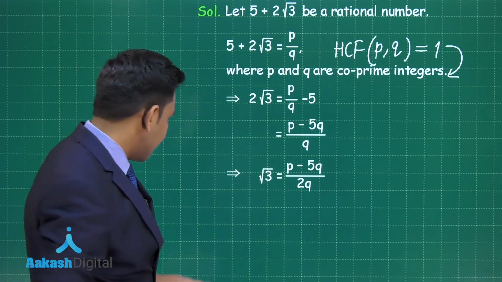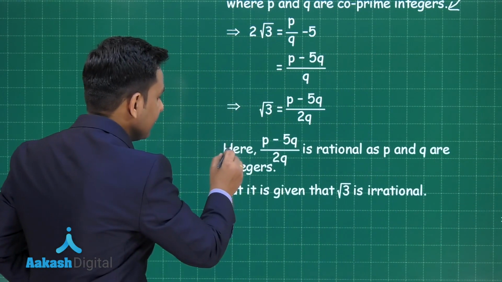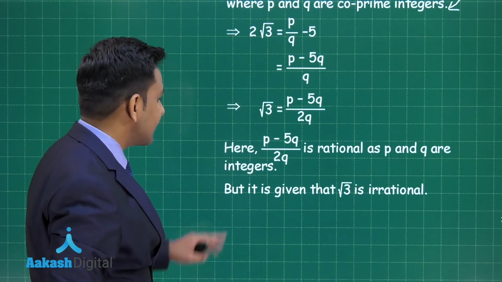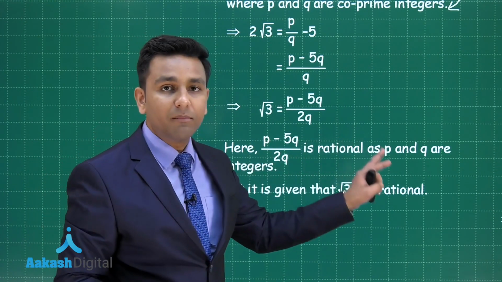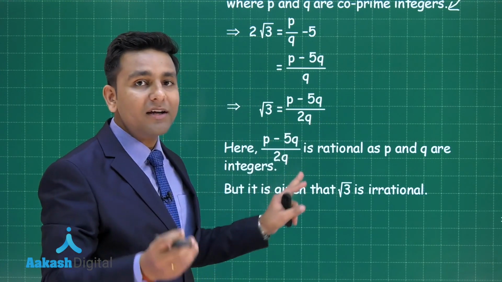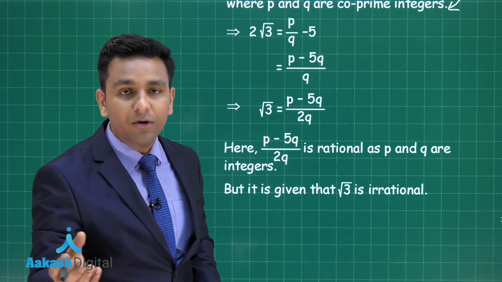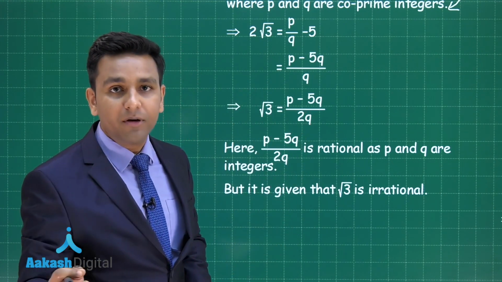On the basis of this expression, we can conclude this very important thing, that (p minus 5q) divided by 2q is a rational number. As we proved earlier, the numerator is an integral value and the denominator is a non-zero integral value. So we can say the right hand side is a rational number.